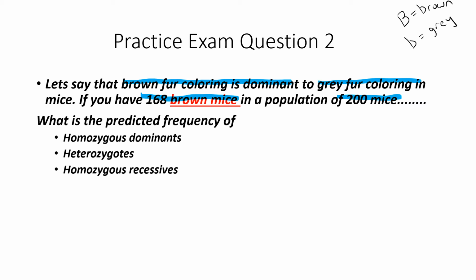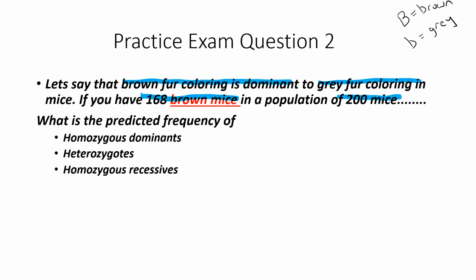Well, if we know that information, what we've got in terms of phenotypes is 168 brown mice, but that makes up the genotypes of homozygous dominant and heterozygous, and there's no way we can separate those. However, if we get the 200 and we take away the 168, 200 minus the 168 tells us how many of the homozygous recessive organisms we have.